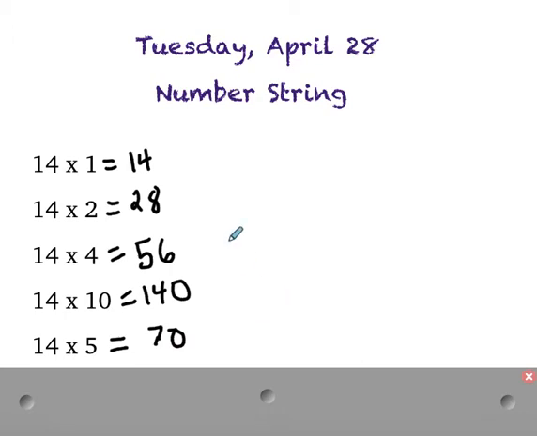Okay, now you have a lot of different values for 14 times different numbers or different groups of 14. Think about how you could pair these together. If we wanted to find 14 times 3, we would just add 14 and 28 because 14 times 1 plus 14 times 2 is the same thing as 14 times 3, and that would give us 42.